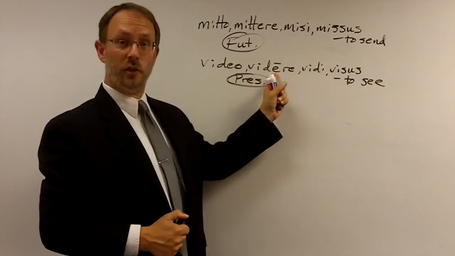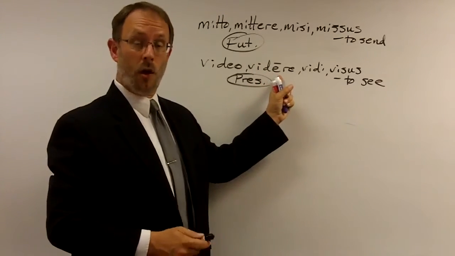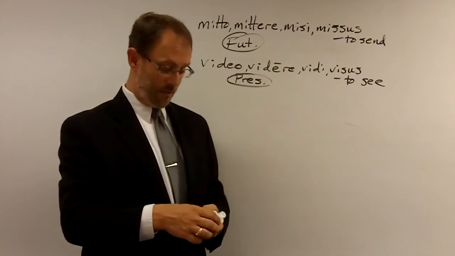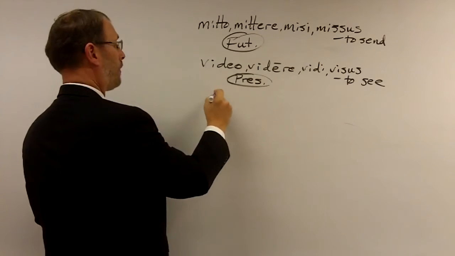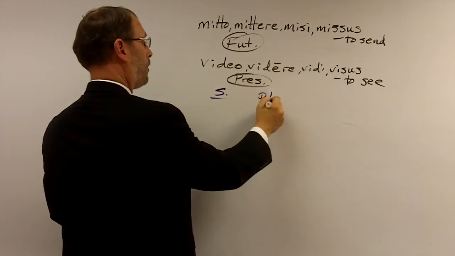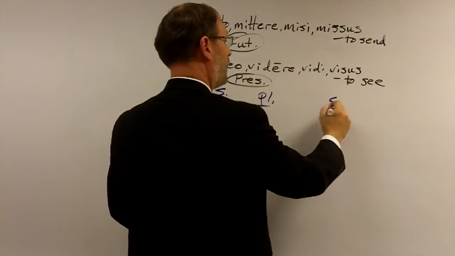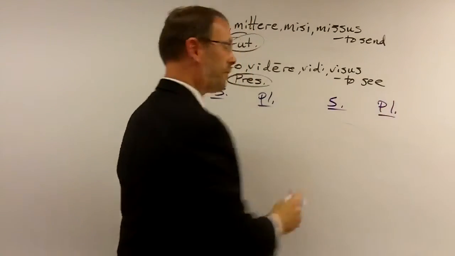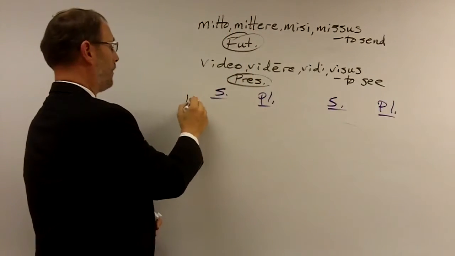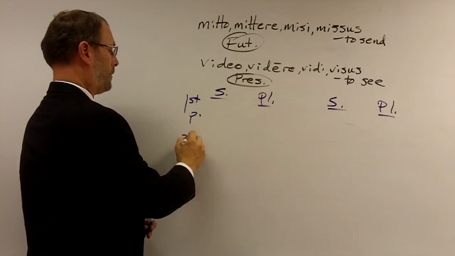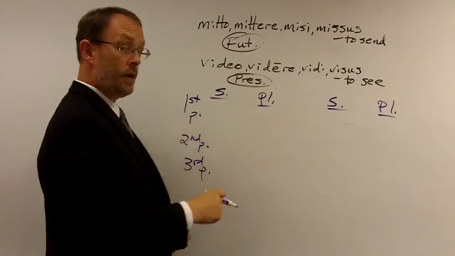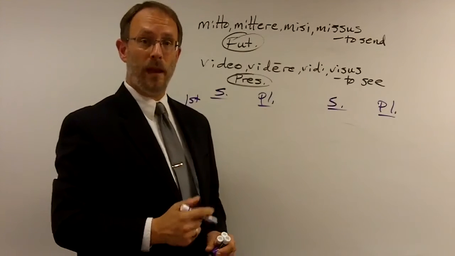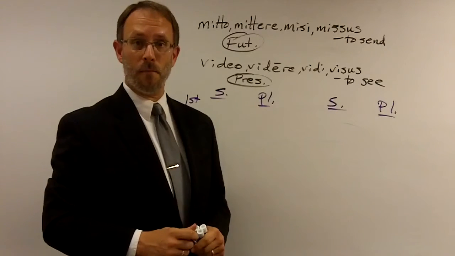And then a second conjugation verb, which we know because of the long E-R-E, to conjugate in the present tense. So we're going to set up our charts, our singular and plural columns for mitto, singular and plural columns for video. We've got our first person, second person, and third person rows. So go ahead and pause the video and conjugate both of those verbs.